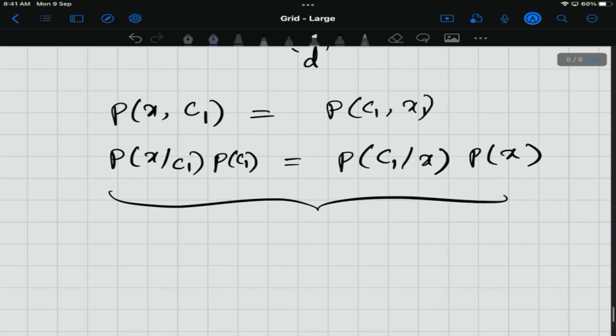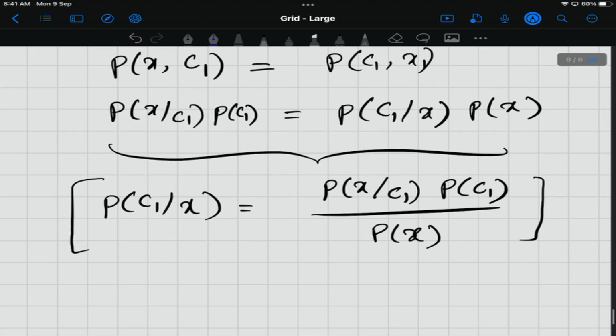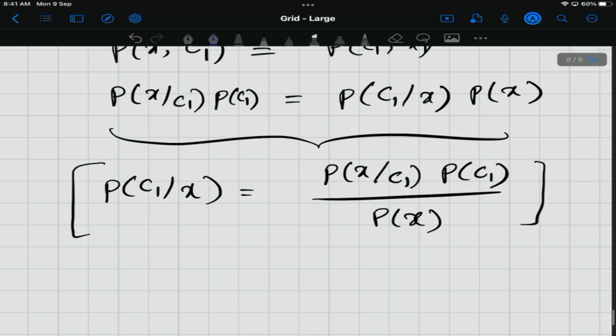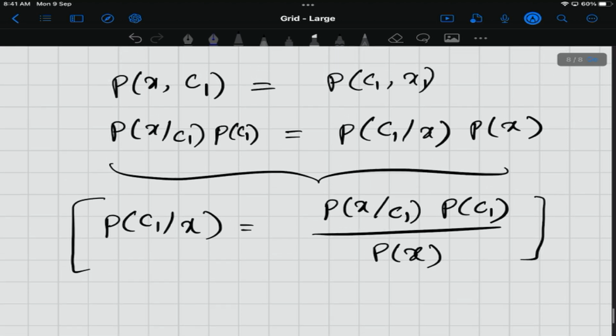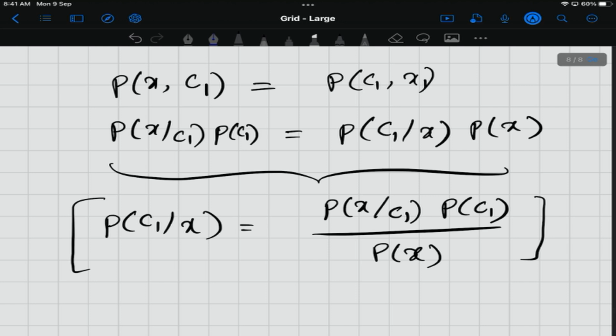Just using the Bayes theorem, you can expand this. Is this fine? Just a simple Bayes theorem I am applying, and I am trying to expand my joint probability into conditional probability.